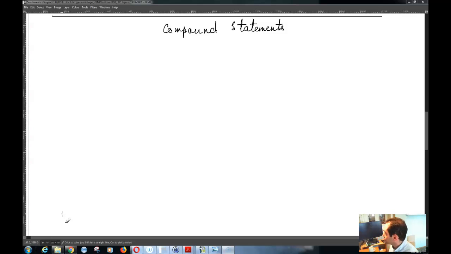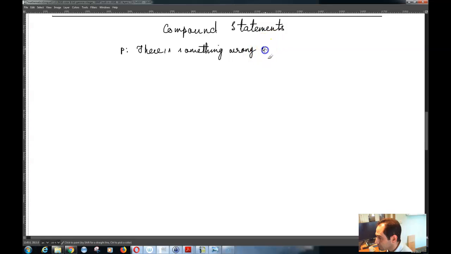Consider the following statement. So the statement is P: There is something wrong with the bulb or the wiring.